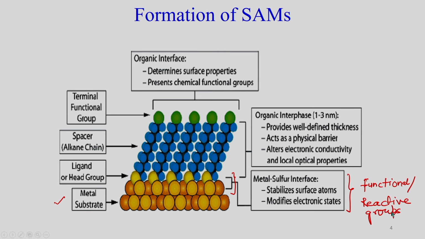Now, let us discuss your surface modifying agent. This is your surface modifying agent from here to here. It is going to have a head group, and this head group is going to interact with your surface functional group. So, there will be an interaction between the top layer of the surface and the head group of your surface modifying agent.